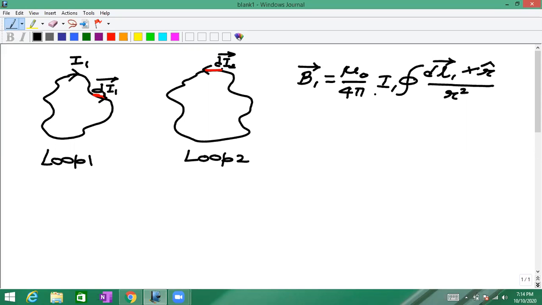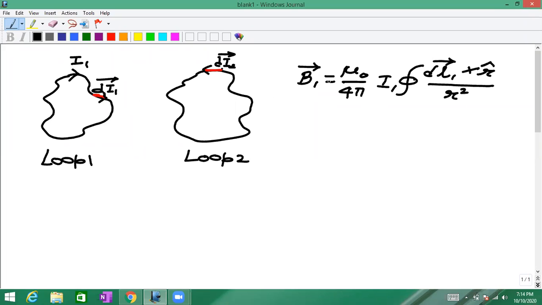Suppose there is no loop 2. There is only a point here, the central point. You consider the central point, and that central point is at a distance r from this current element dl1. Now what is the magnetic field due to this current element at that point?